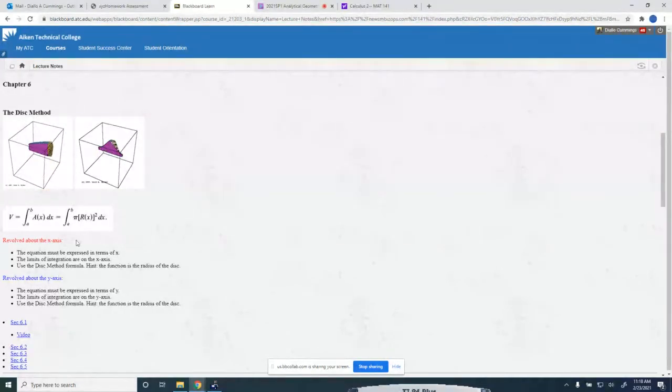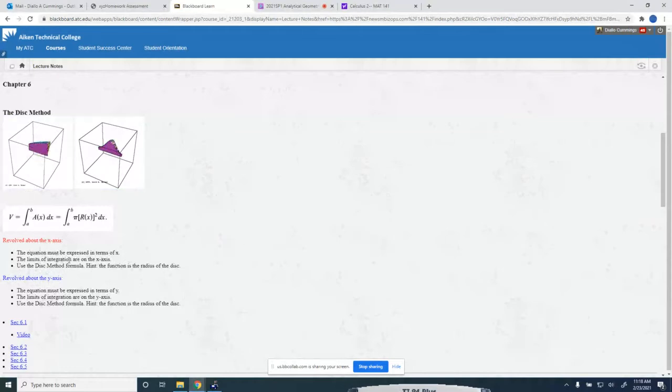Now, when you're using the DISC method, it depends whether you're revolving your solid of revolution about the x-axis or about the y-axis. If you're revolving about the x-axis, here are the stipulations. The equation must be expressed in terms of x. We're going to talk about what that means in a second.